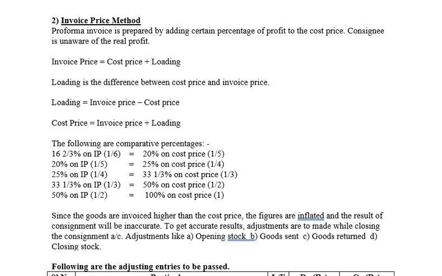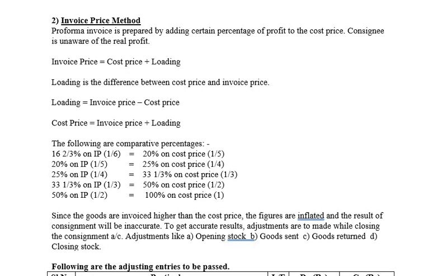In the invoice price method, the consignee is unaware of the actual amount of expenses or the actual amount of profit being made by the consignor, that is the owner. So here the proforma invoice is prepared by adding a certain percentage of profit to the cost price. Now what does this mean?